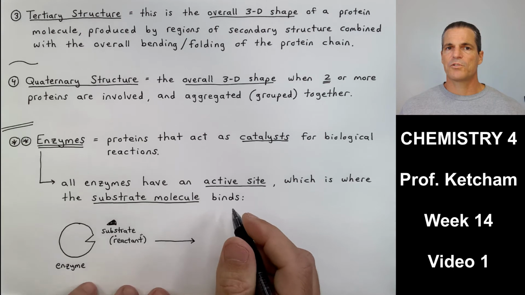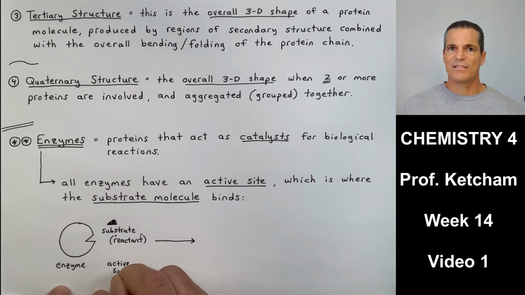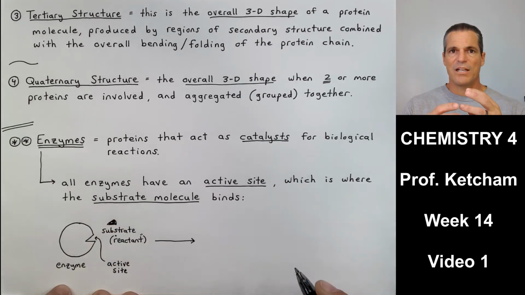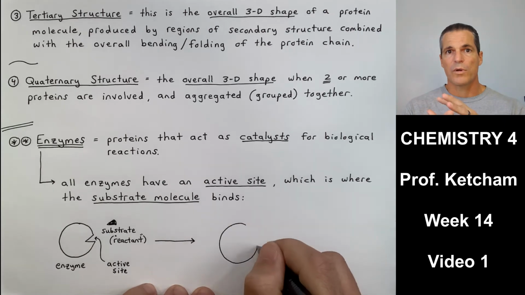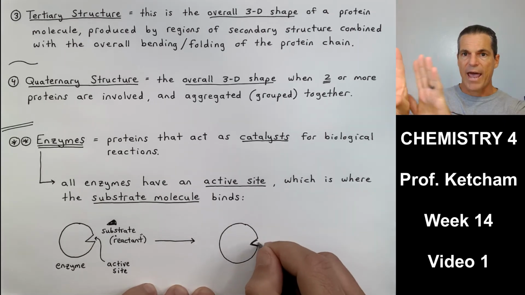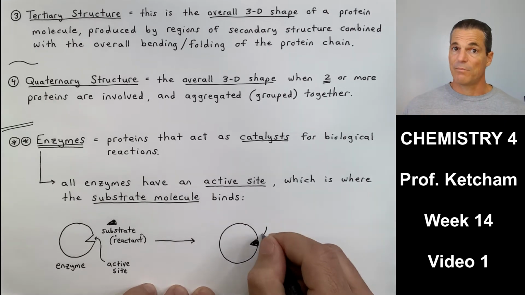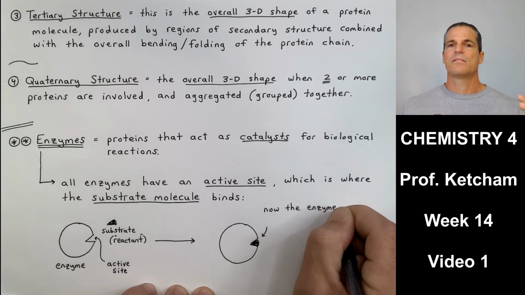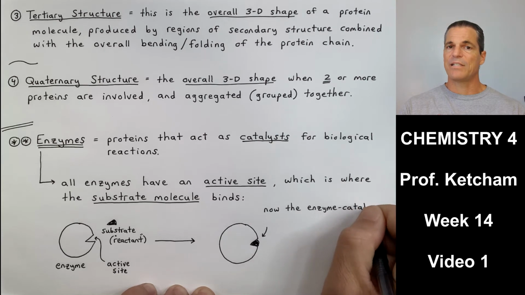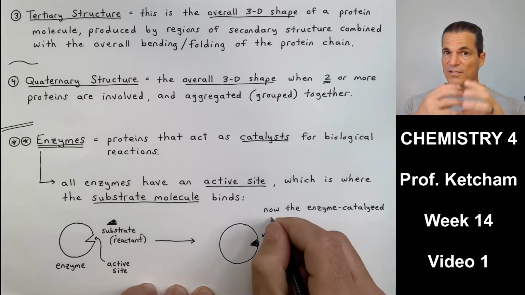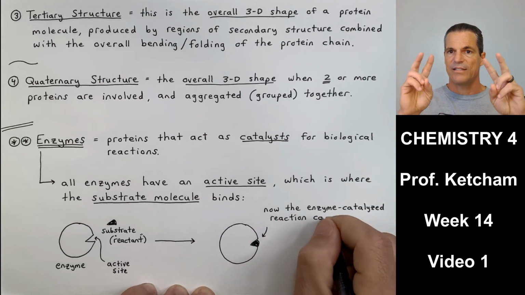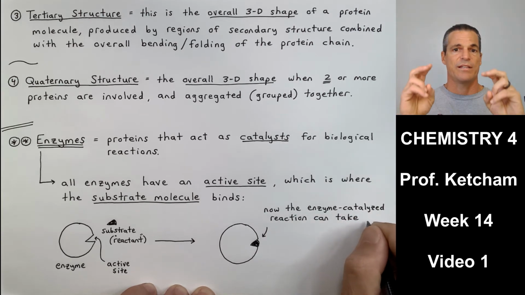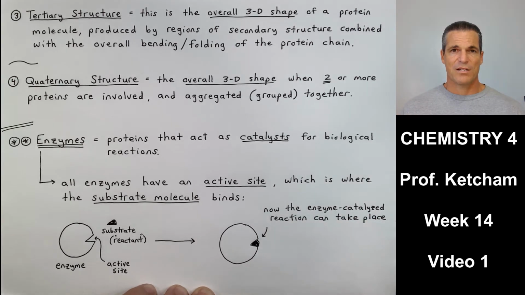We want the substrate to come into the active site, somehow get manipulated, tweaked, or undergo a reaction, and then get spat out of the enzyme as something else, as a product. So it's like you have an enzyme, and the substrate binds to the enzyme's active site. Reactions take place when they're bound as an ES complex, or an enzyme-substrate complex.